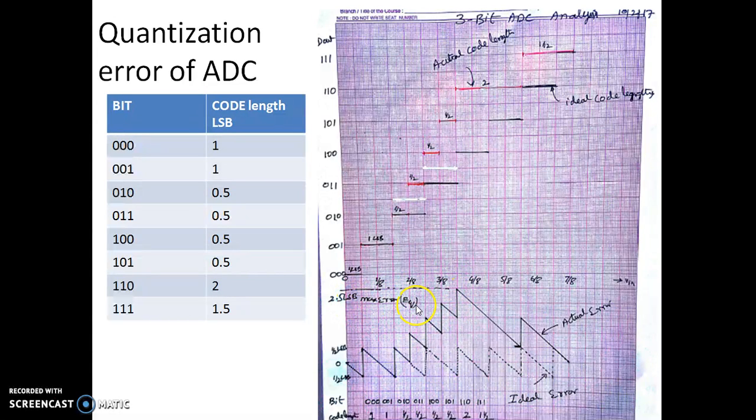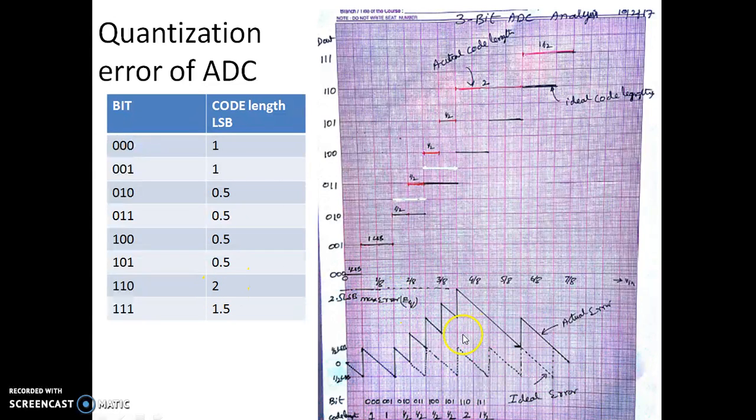Whenever we have a larger quantization error because of this reduced code length, of course the signal to noise ratio will be reduced, and fortunately we are not missing any codes. The missing codes are not there because we could recover the codes even though it is half LSB 4 times, and those half LSB 4 times are then compensated by this 1.5 and 2 over here.